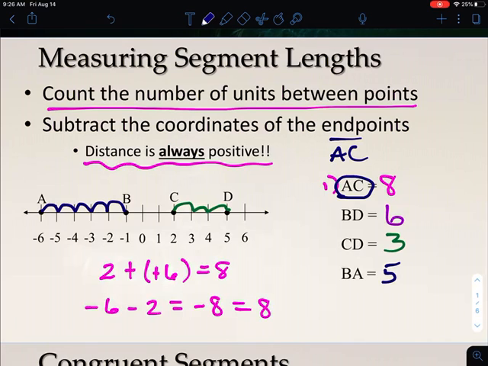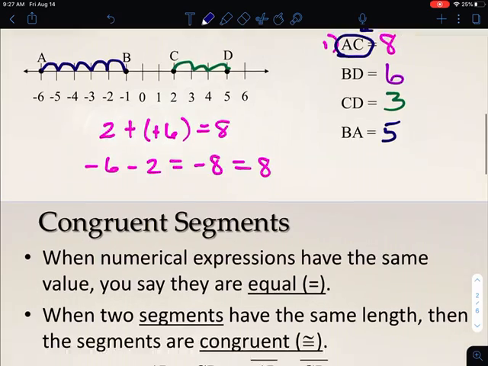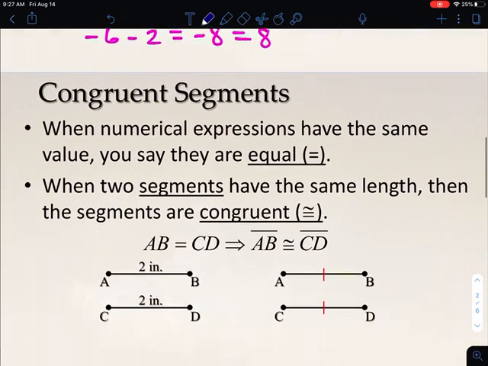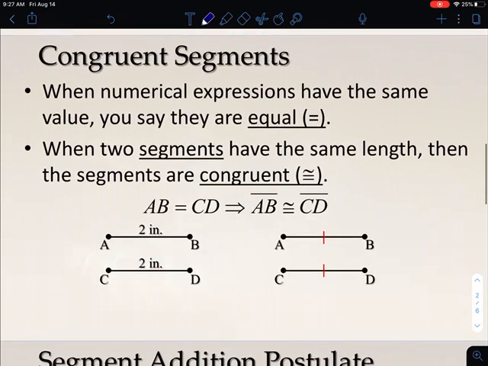So with no symbol on AC, what we're talking about means the distance from point A to point C. So anytime you see two letters posted together with no accompanying symbol, that's telling you need the distance from one to the next.